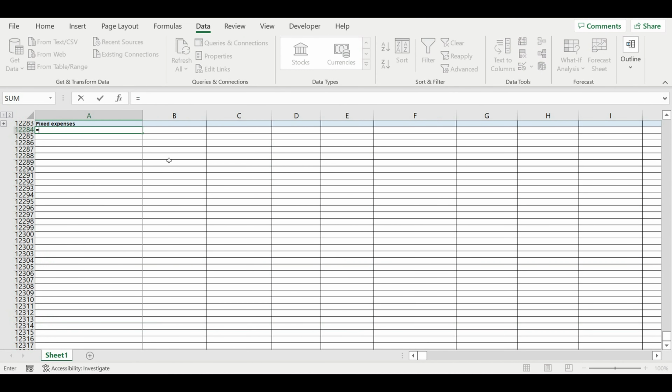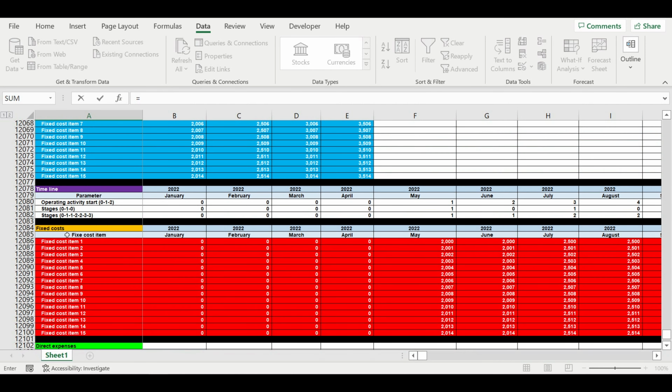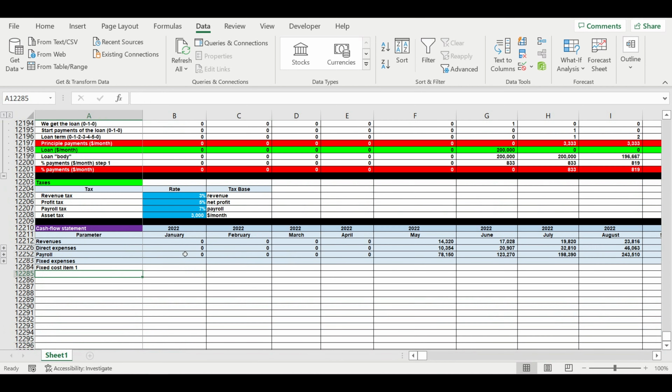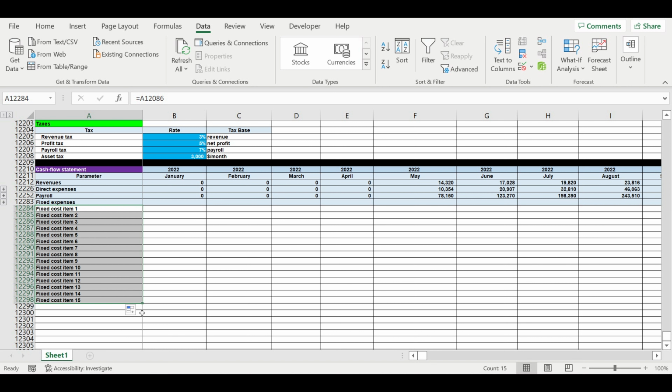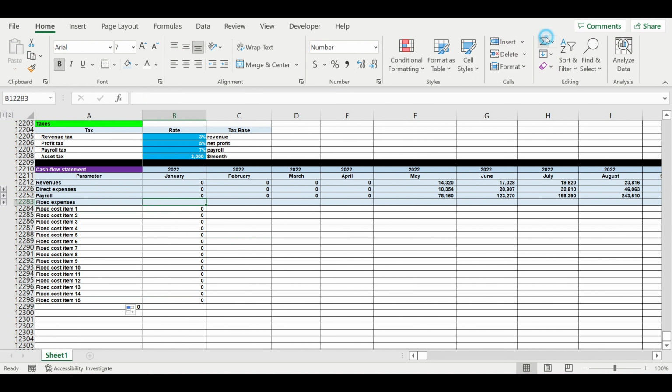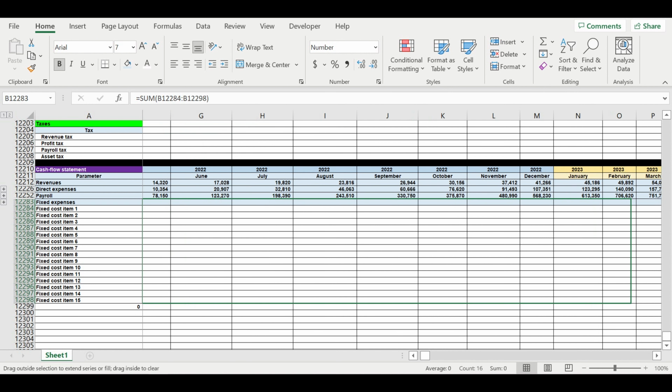So here we have payroll, direct expenses, fixed costs. Now extrapolate the fixed costs block to the right.